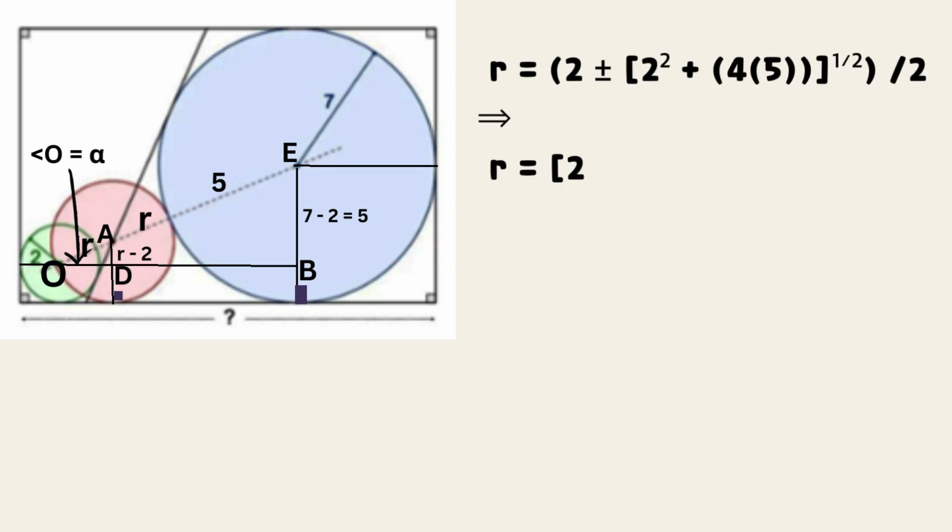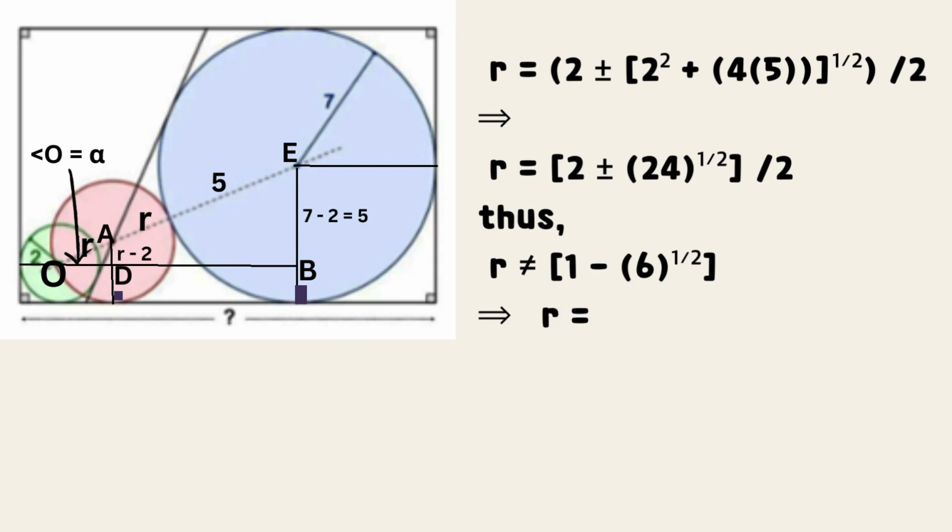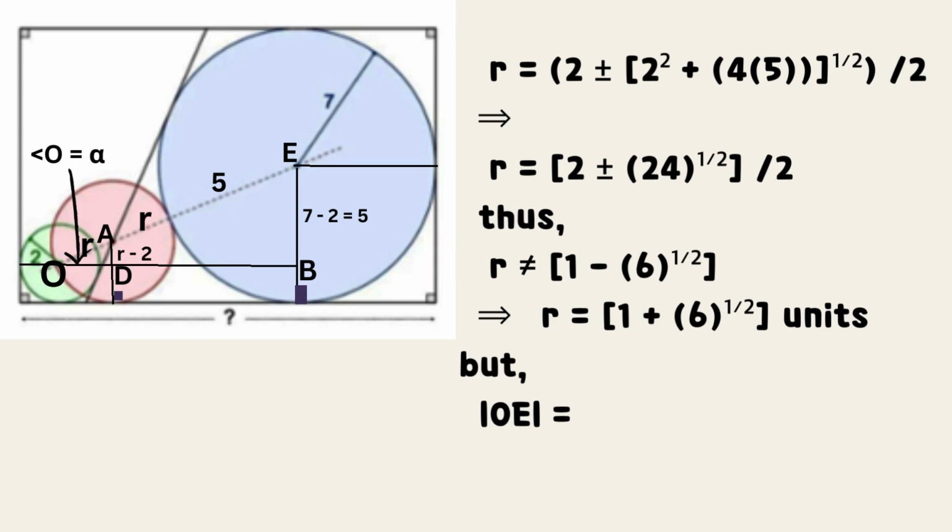After simplification, we have that r equals 2 plus or minus the square root of 24, all divided by 2. Thus, r is not equal to 1 minus the square root of 6. Therefore, r equals 1 plus the square root of 6 in units.